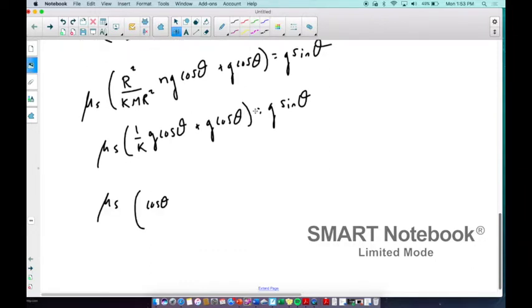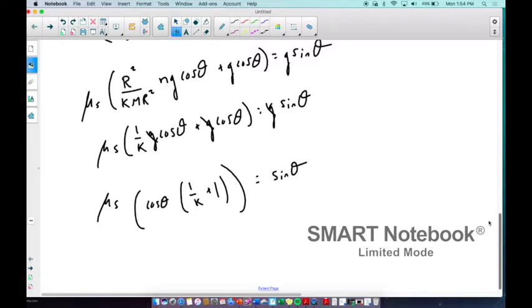And I recognize that I have a g in every single term, so I can just go ahead and cancel out that g. I could have done that a long time ago. So cosine of theta times 1/k plus 1. All I've done is I took the g out everywhere because it's in every single term. And then I factored out a cosine theta.